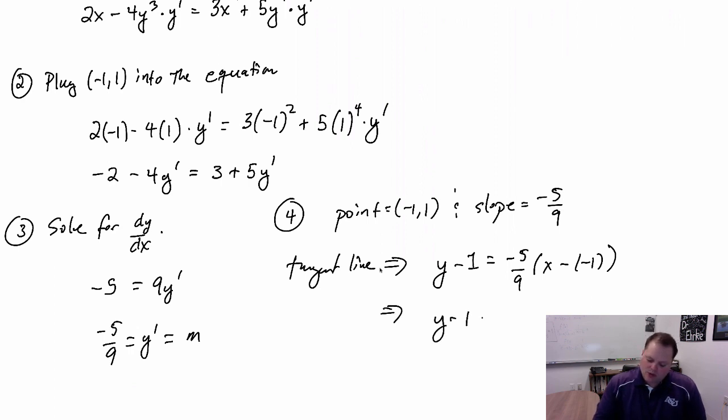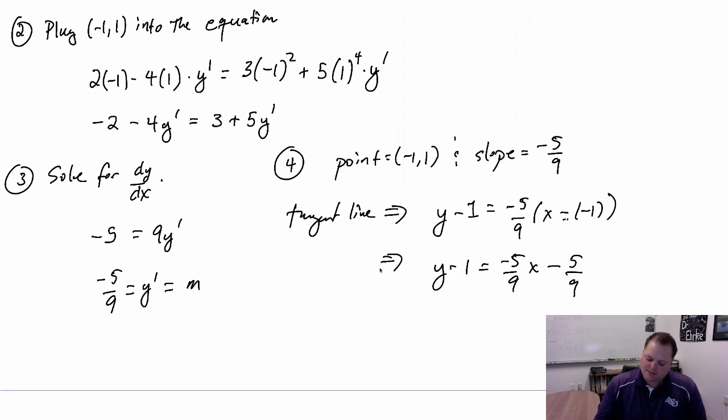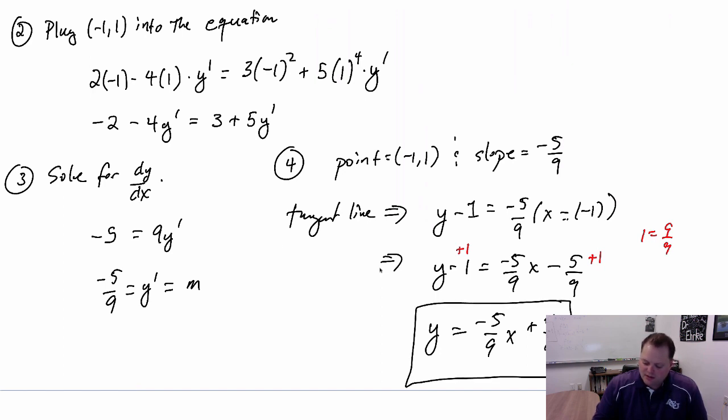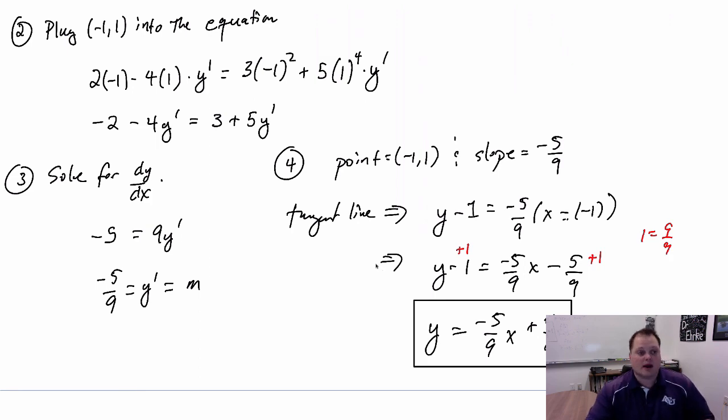So y minus 1 equals negative 5/9 x, and you've got three negative signs here, so it's going to be minus 5/9. So y is negative 5/9 x plus 1. If you add 1 to both sides, the 1 over here is 9/9. So 9/9 minus 5/9 is positive 4/9. So there is the tangent line. Let's check in Desmos and see if we're right.